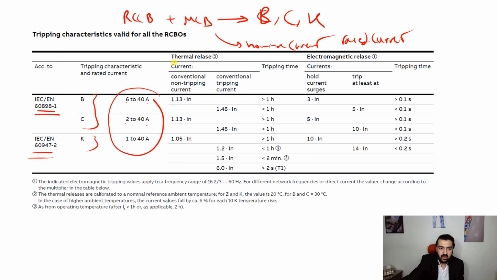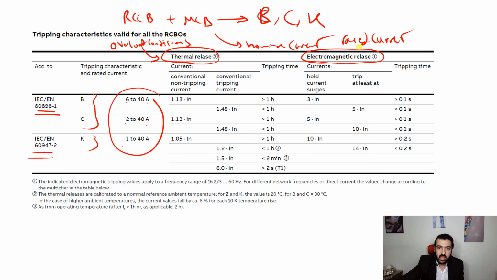Now you can see here we have thermal release and electromagnetic release. What is the difference between thermal and electromagnetic? Thermal is the mechanism for circuit breakers for overload conditions that uses a bimetallic strip that we talked about before.